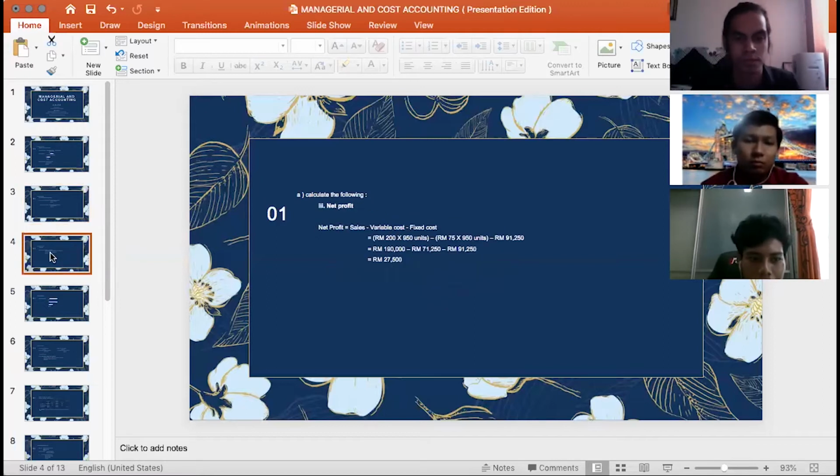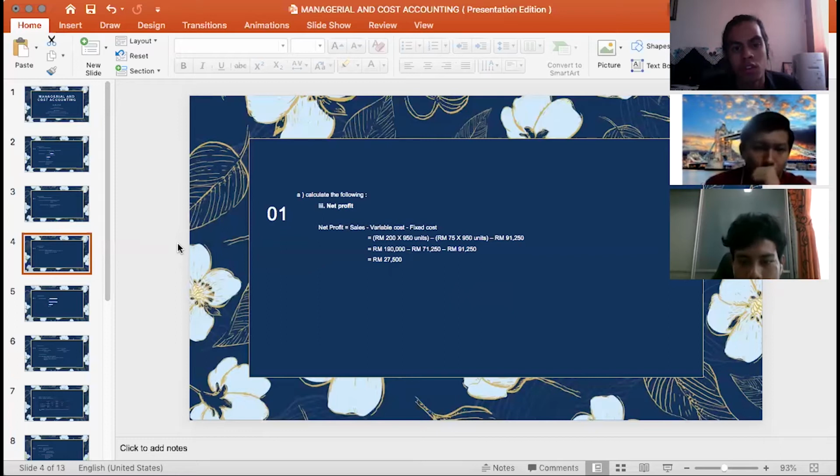RM 44,000. Moving on to next, which is net profit. The formula is sales minus variable cost and then minus fixed cost. So the sales is RM 200 times 950 units, and for variable cost 75 ringgit times 950 units, and for fixed cost is 91,250, which is from the previous question.